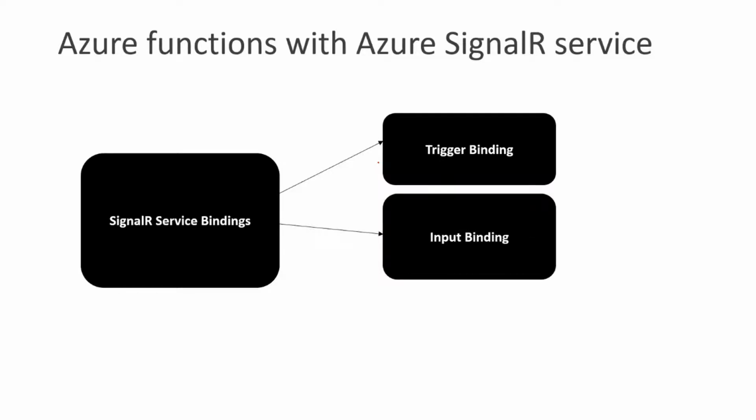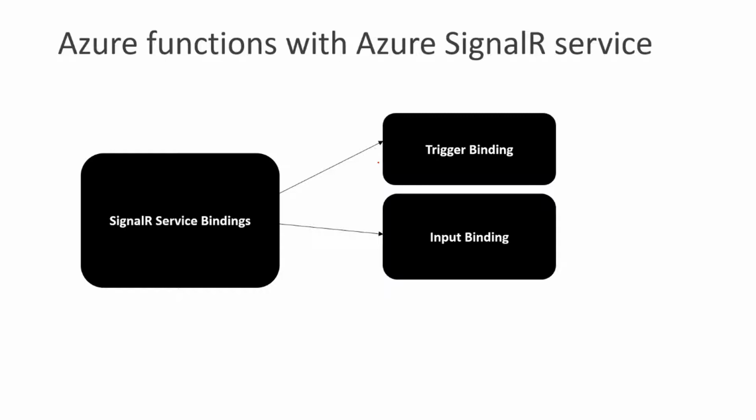Next is the input binding. We all know that in order to start communication between our client app and the server app, we need some metadata, like the URL and the access token.